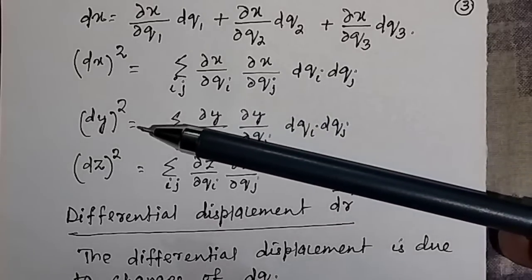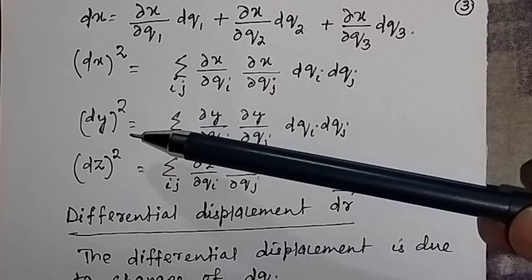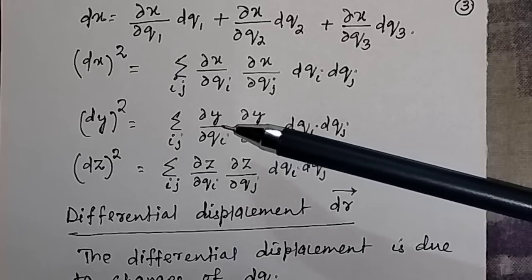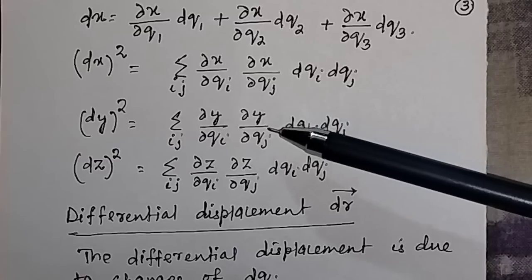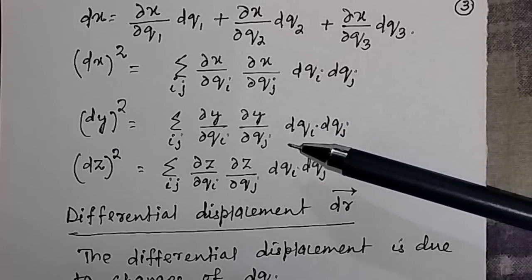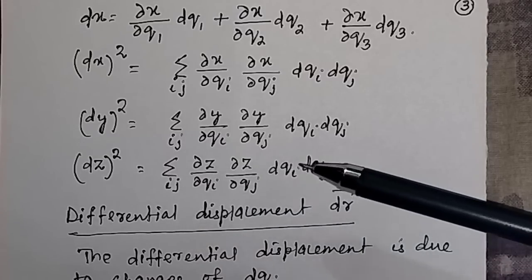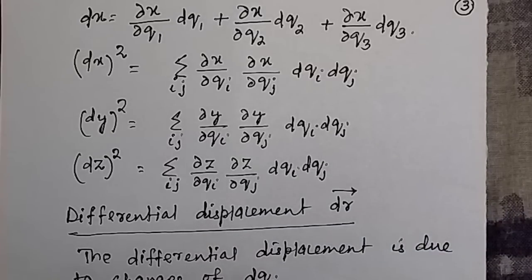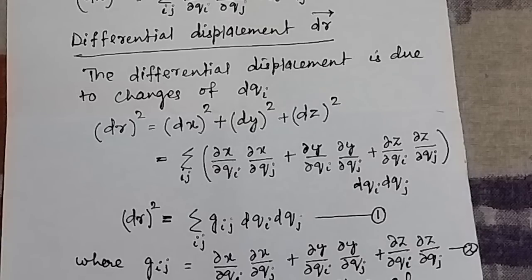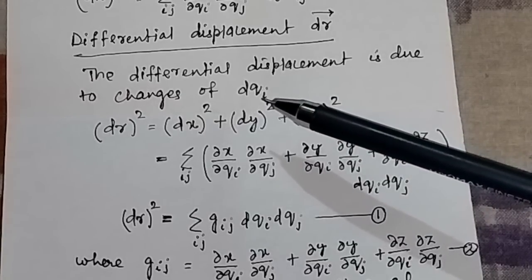Similarly, for the y coordinate, you can represent the displacement dy square as the partial derivative of y with respect to qi and the partial derivative of y with respect to qj, then dqi dqj. Similarly, for the z coordinate also, dz square is equal to this. And in curvilinear coordinates, the differential displacement is due to the changes of dqi.